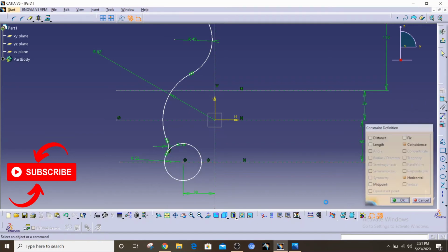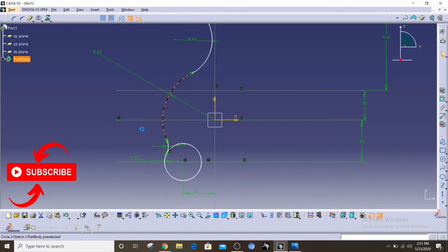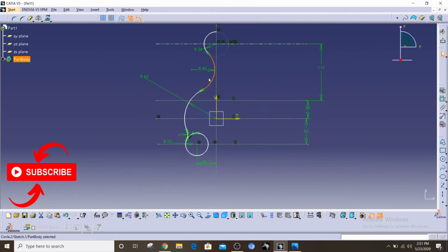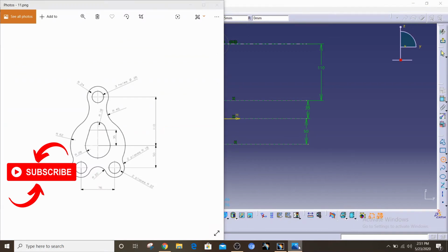There you go. Yeah, now we have fully constrained profile. Okay. Yeah. And then we have one more circular arc here.